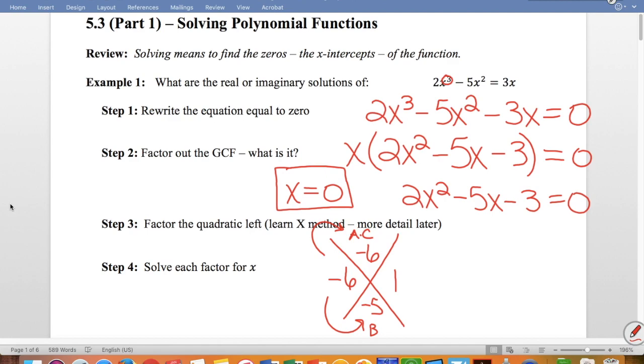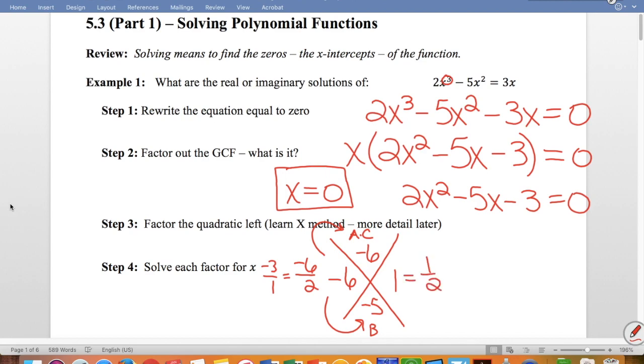Now I'm going to take my a term, which is 2, and do negative 6 divided by 2, and that becomes negative 3 over 1. I'm going to do this side as well: 1 divided by 2.